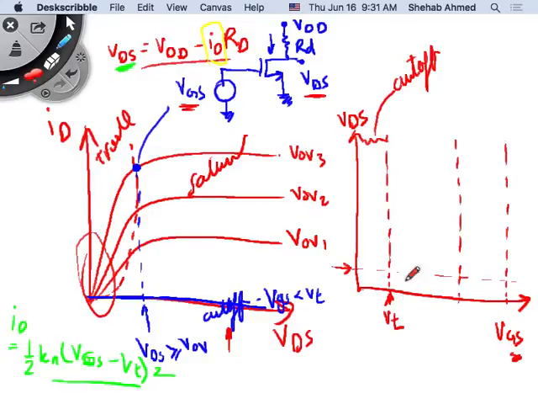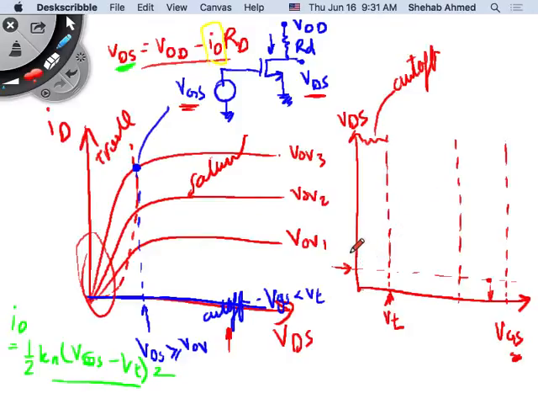So let's say I have VGS that's pretty high. Let's say it's somewhere here. And then let's do another point, and then we will see why I will bring that point up here. So in saturation mode, what was happening?